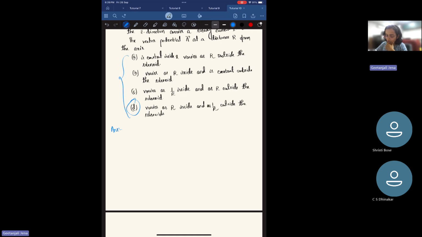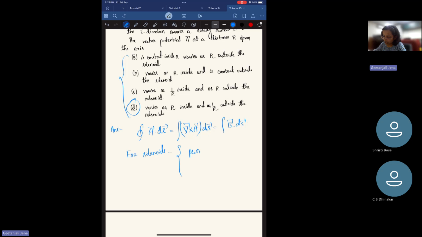And if you recall, let me quickly go through the solution. So the line integral of A dot dl is the integral of curl of A dot ds, or B dot ds. And for a solenoid, we know that only inside the magnetic field is non-zero.